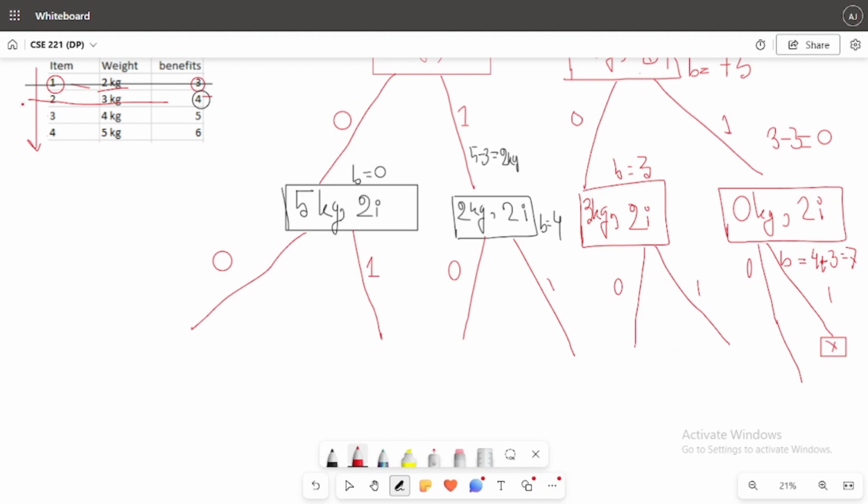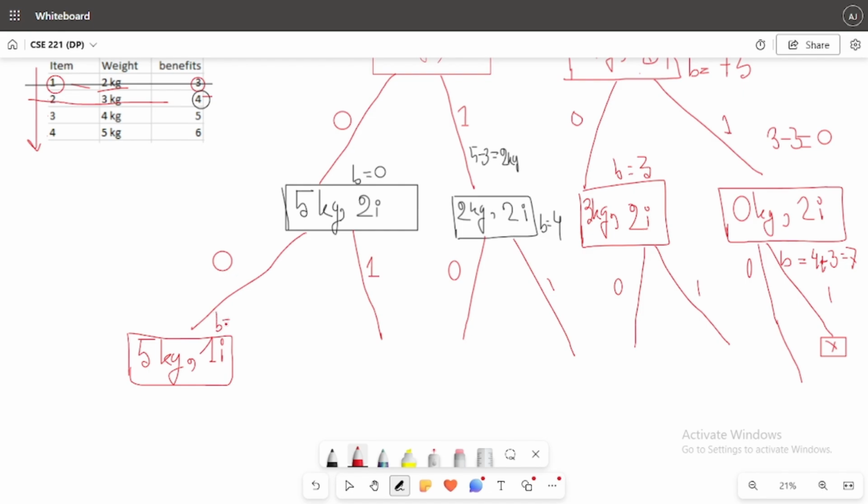Now for 5 kg, what is our item number 3? Our item number 3 is 4 kg. Okay, so we are not picking anything, so 5 kg and 1 item. And what is our benefits?